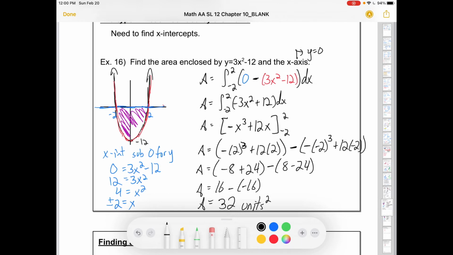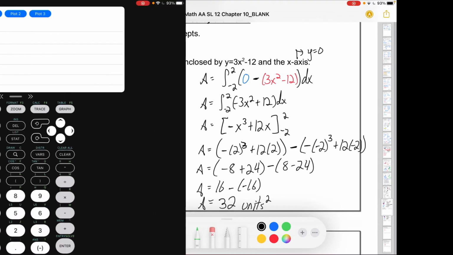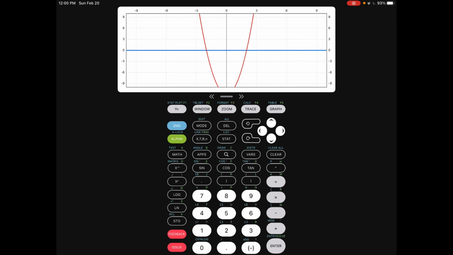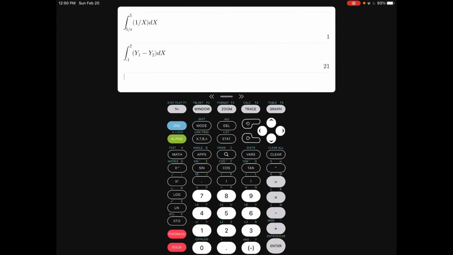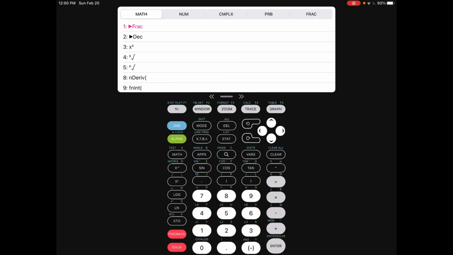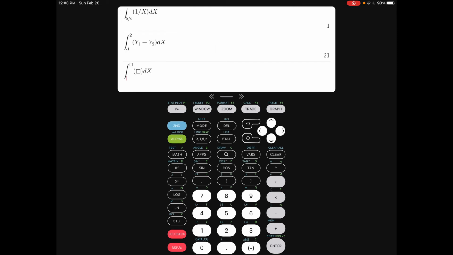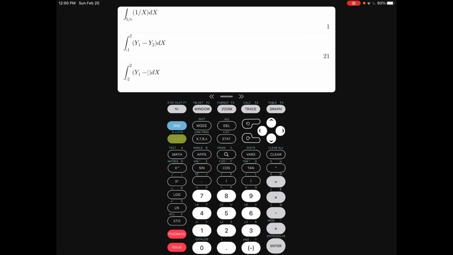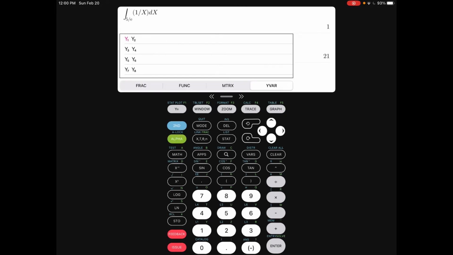And we can check that using the GDC if we want to. There are my two functions. I can look at them. I can set up a definite integral from -2 all the way to 2 of the top one, which I think I put in as y1, minus alpha trace for y2.